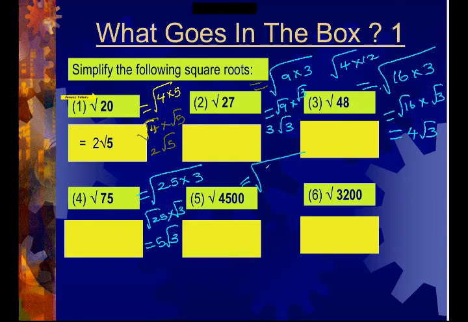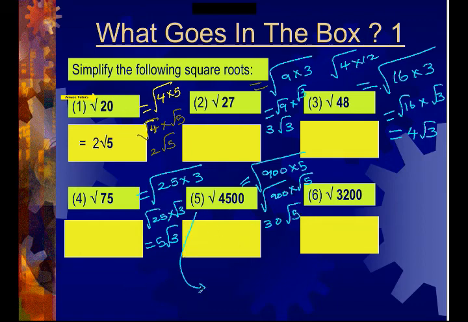4500. 45 into 100, or otherwise see 900 times 5 directly, so that you will get the answer in 1 or 2 steps. 30 root 5. Is it not?